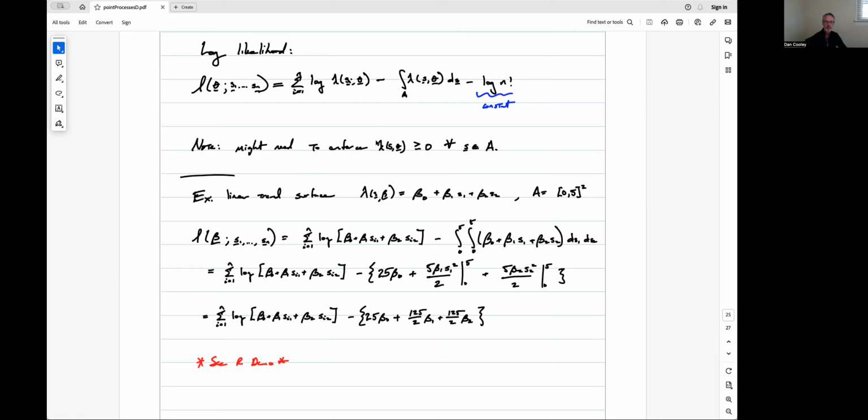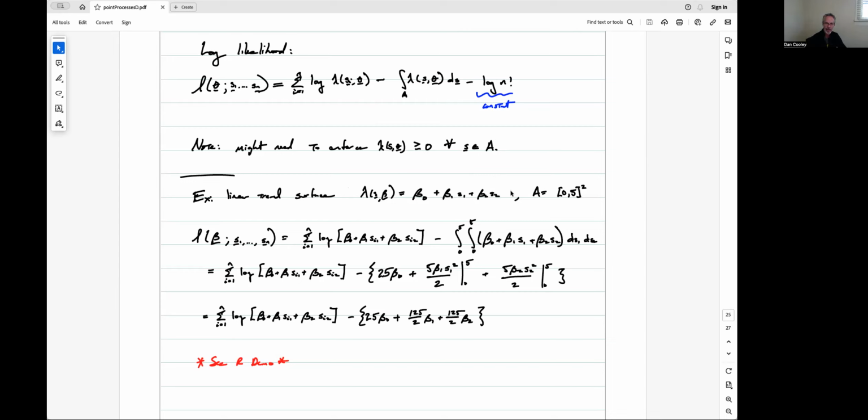We would need to enforce that our intensity measure is positive for all values in our study region A. And so you can imagine that we could find betas which would return a negative number for some S, and that wouldn't make any sense. We can't have a negative intensity. And so you might need to further enforce that restriction.